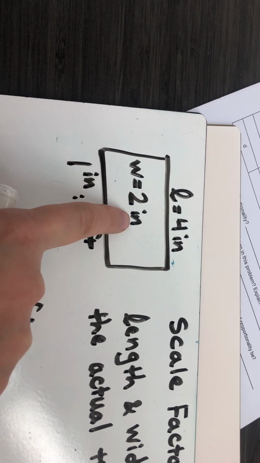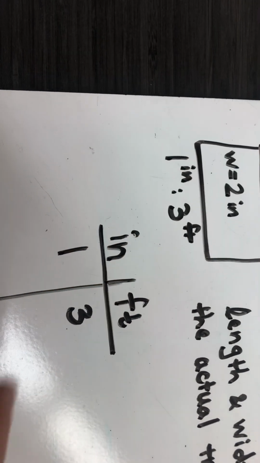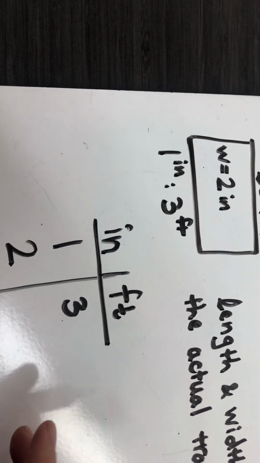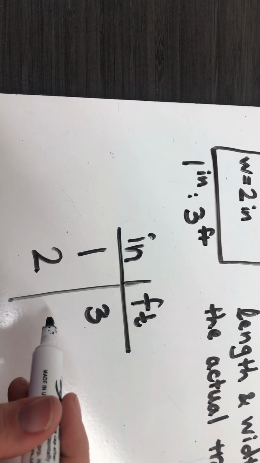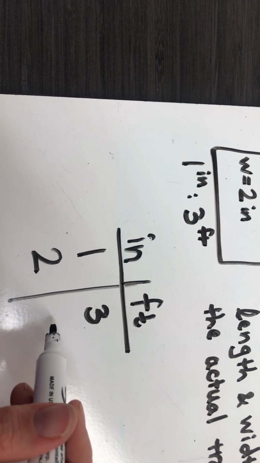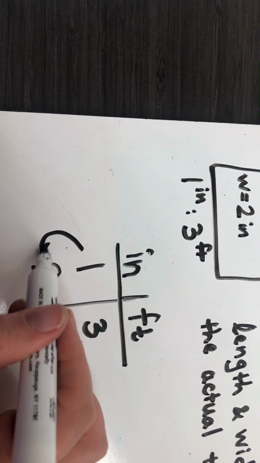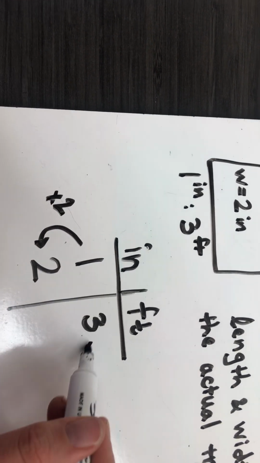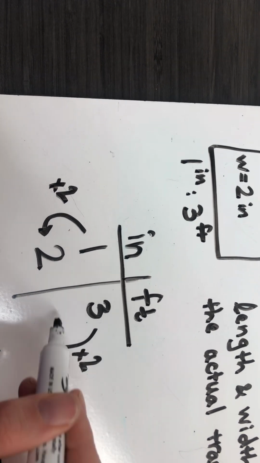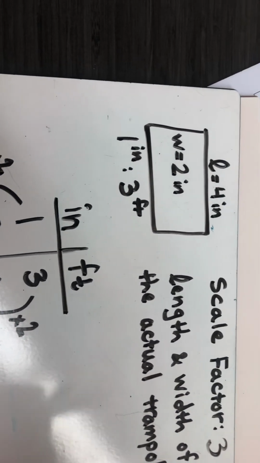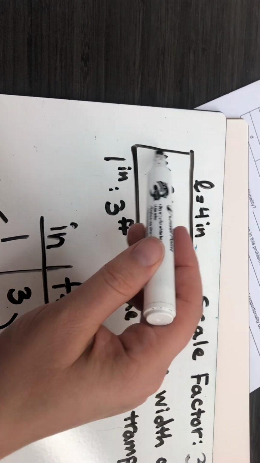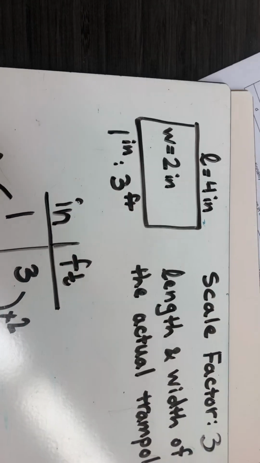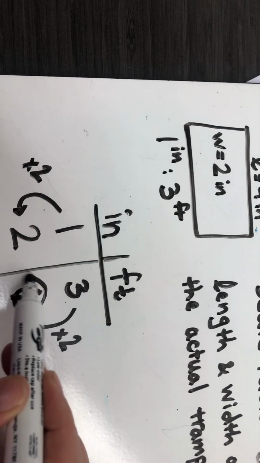So because it's 2 inches, I'm going to put that under inches. 2 inches here, and I want to find the size of the width of the real trampoline. I know that 1 times 2 gives me 2. So I'm going to go ahead and multiply 3 by 2 and get 6 feet. So the answer for the width of the real trampoline is 6 feet.